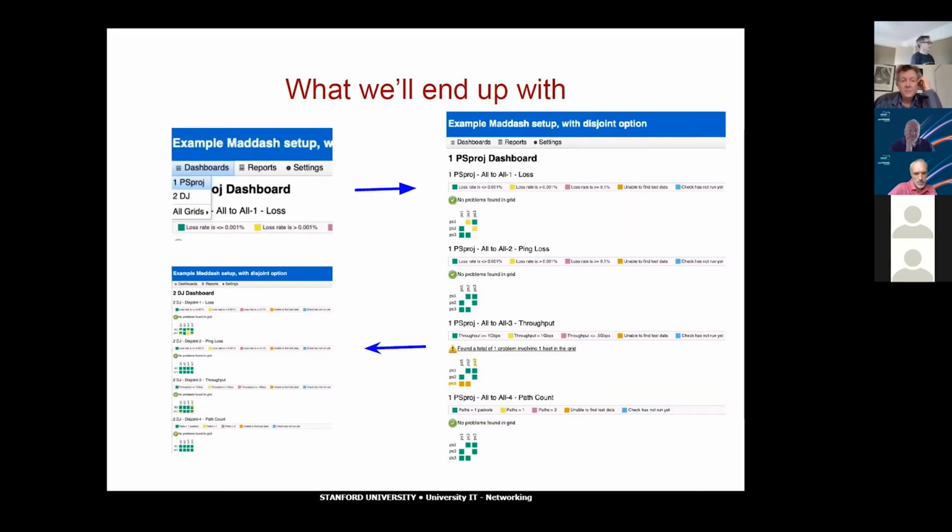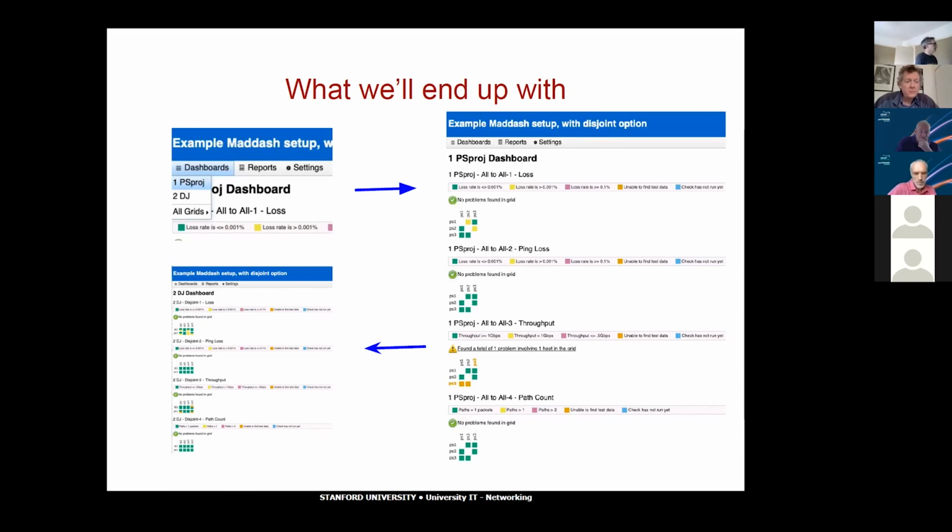All right, again, this was a build, but the upper left quadrant shows what the example MaDDash grid looks like, and it shows that there are 2 meshes, two dashboards, the PS project and DJ for disjoint.